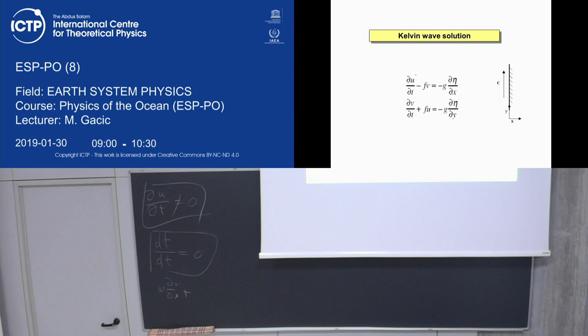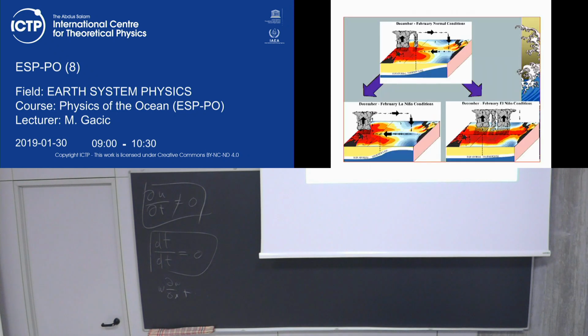Wave solutions are something which is also present and has a signal in the real ocean, and therefore they are very useful in order to understand some phenomena. What we have noticed by measurements, you remember if you remember last time.